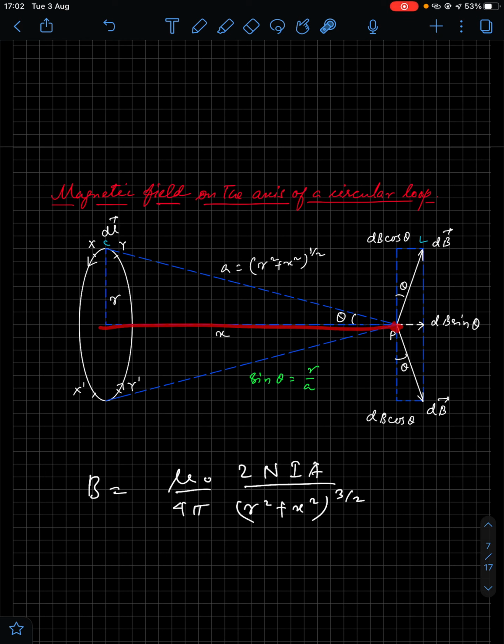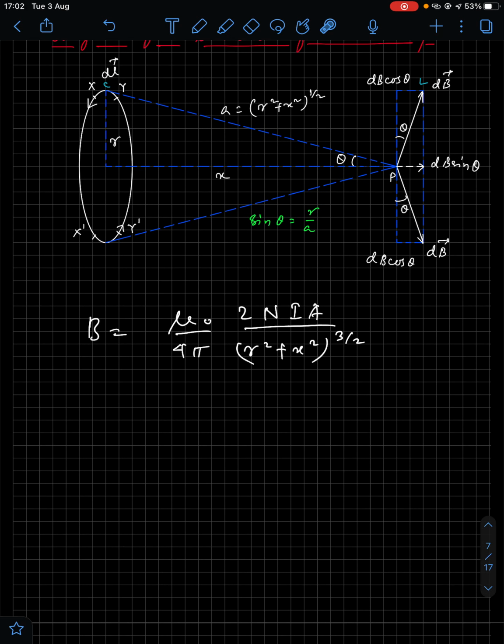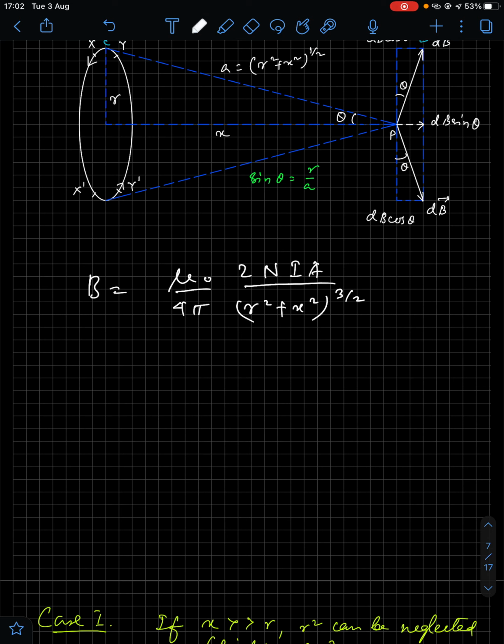X is the perpendicular distance of the point P where you are finding the magnetic field. R is the radius of the loop. The loop is placed perpendicular to the plane of the page. So this is the relation for the magnetic field at the point P. Here N is the number of turns. If the coil has one turn, then N value will be 1. I is the current, A is the area, pi r square, area of the coil. R and X we already talked about.